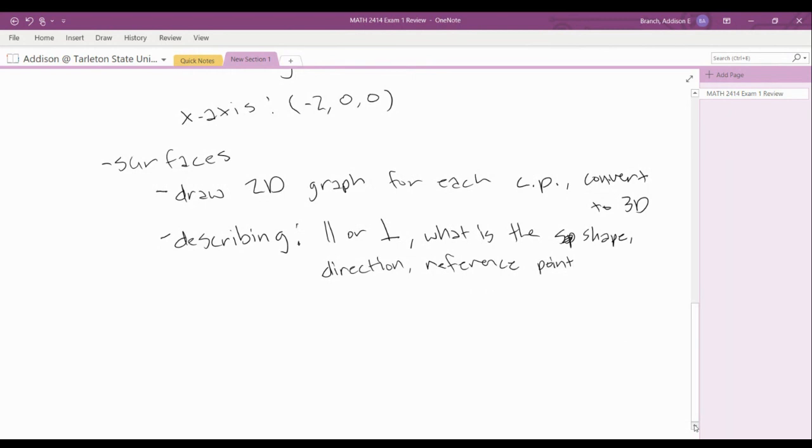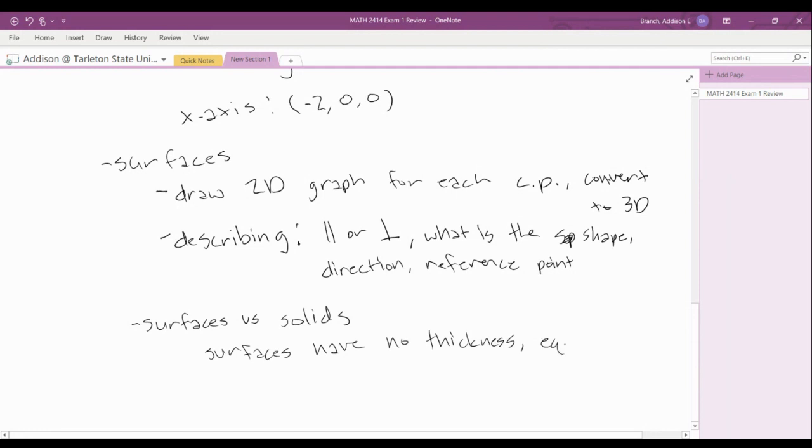And now that we're talking about surfaces, another big thing to keep in mind is surfaces versus solids. The big difference is that surfaces have no thickness, and they're described in terms of an equation, like you have an equal sign.